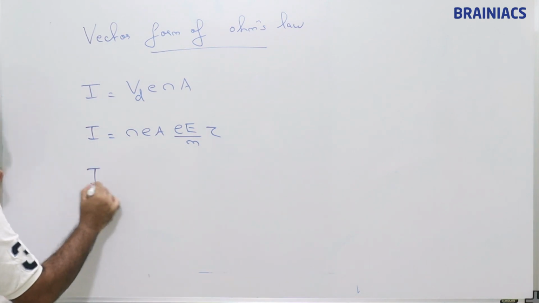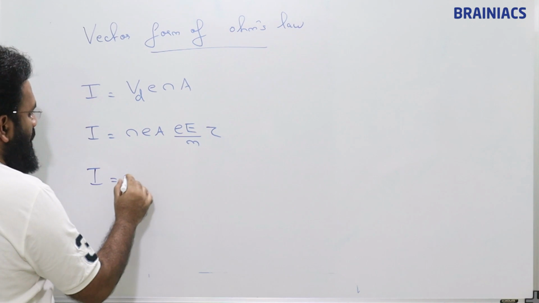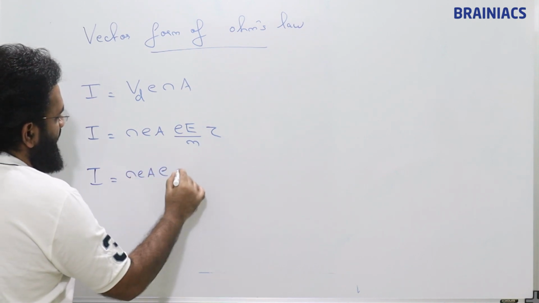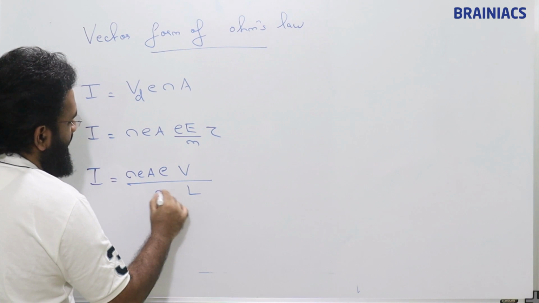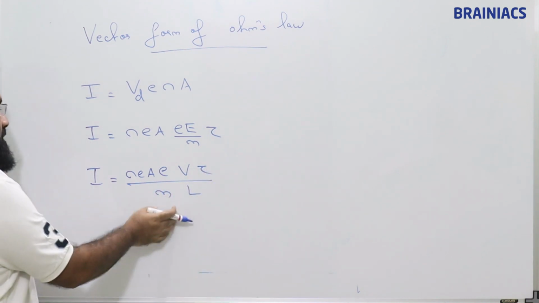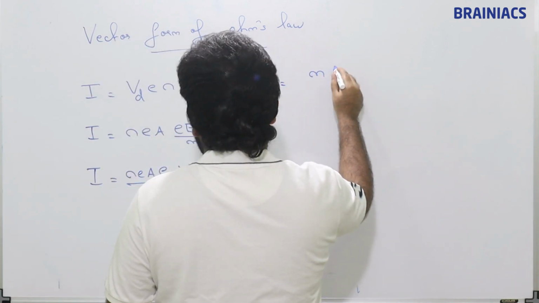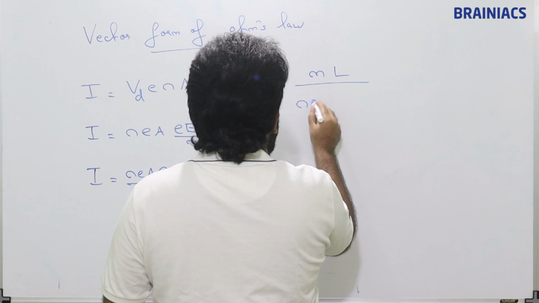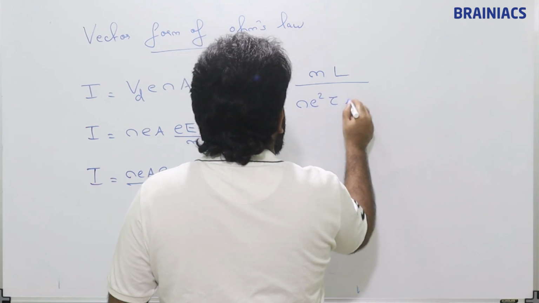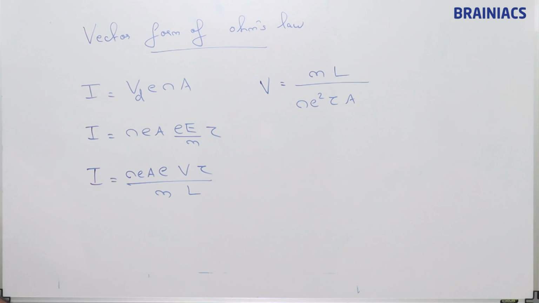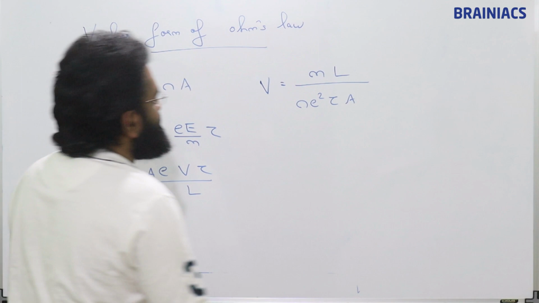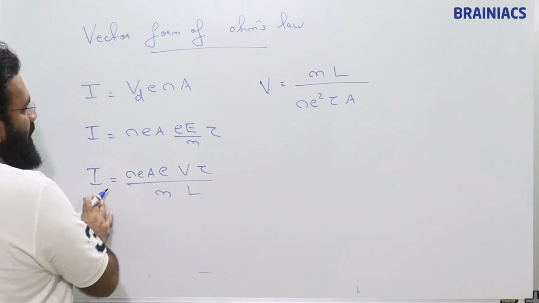Then I is equal to n A e squared E into V by L m tau. We can take it like this. So V is equal to m L by n e squared tau A, into I. Correct?